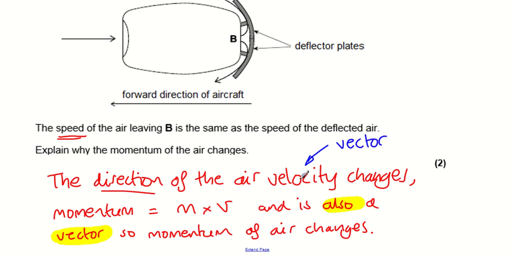The direction of the air velocity changes. Momentum is mass times velocity, so there's a change in the momentum of the air. They're just asking you, why does the momentum change? Because the velocity changes. Velocity is a vector, direction changes velocity, and momentum is mass times velocity, so there's a change in momentum as well.